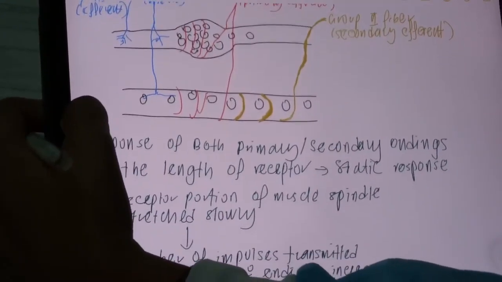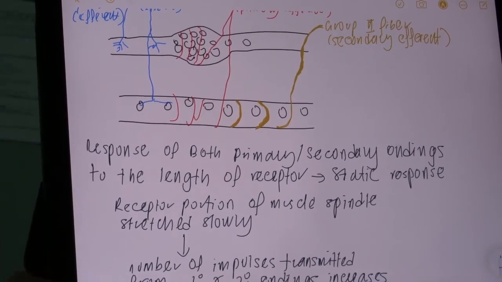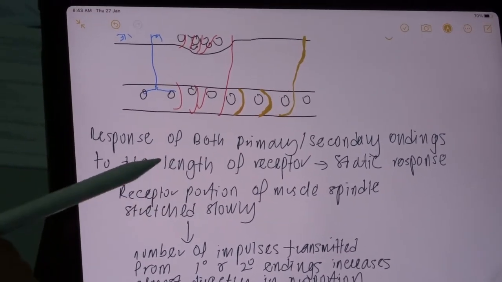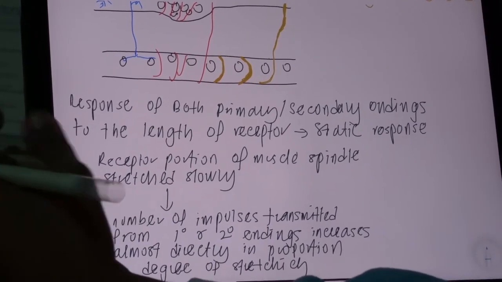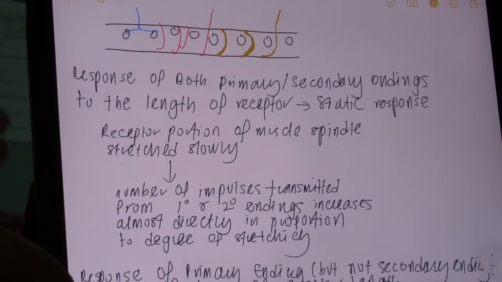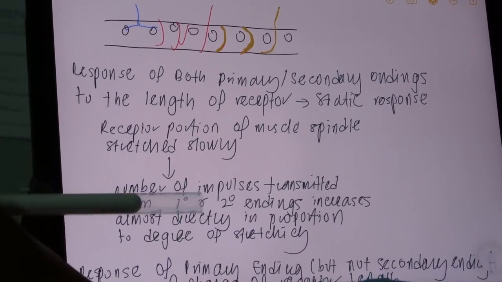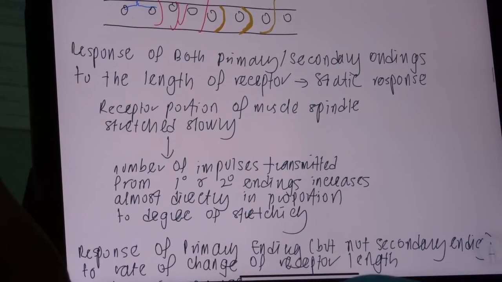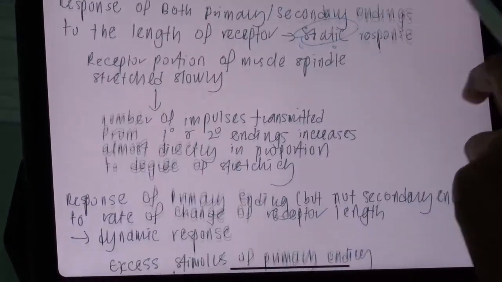What they do is respond to the length of the receptor, and they have static and dynamic responses. If the receptor portion of the muscle spindle is stretched slowly, the number of impulses transmitted from the primary and secondary endings will increase directly in proportion to the degree of stretching. The number of impulses increases according to the degree of stretching. That is what is meant by static, which is different from dynamic.